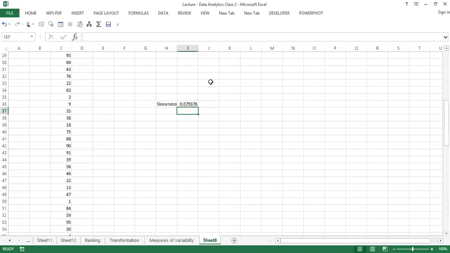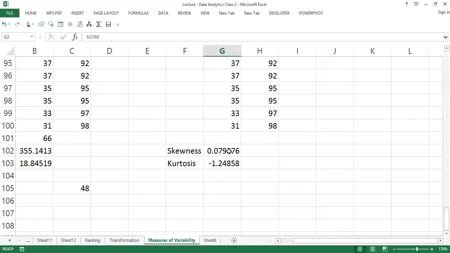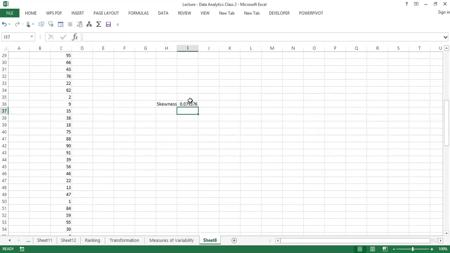You see it has computed this thing. Let's compare the result. 0.079 something. You see that it's exactly the same thing, but on a different sheet. So when you want to access another sheet, usually you write the name of the sheet followed by an exclamation mark before you specify the range.